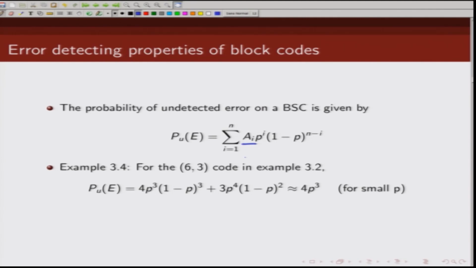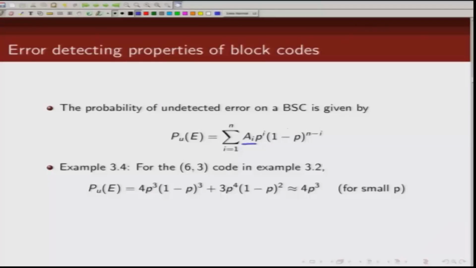getting another code word of weight I? What is the probability that when I am sending an all 0 code word and you receive a code word which has weight I? Now, that probability is given by, since we are considering a binary symmetric channel.